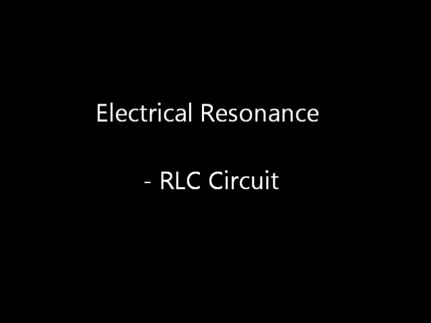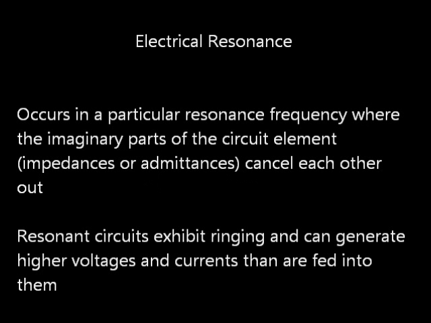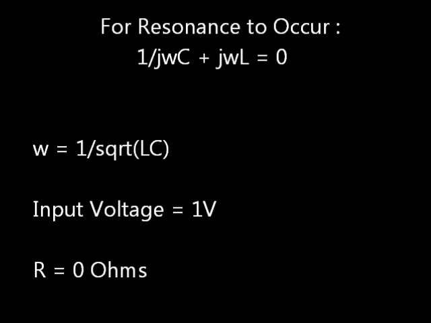So next up, I wanted to look at an electrical example, and electrical resonance is kind of similar to mechanical resonance in that if the input signal is going at the same frequency as the natural frequency of the circuit, then the output voltage can actually be larger than the input voltage into the circuit.